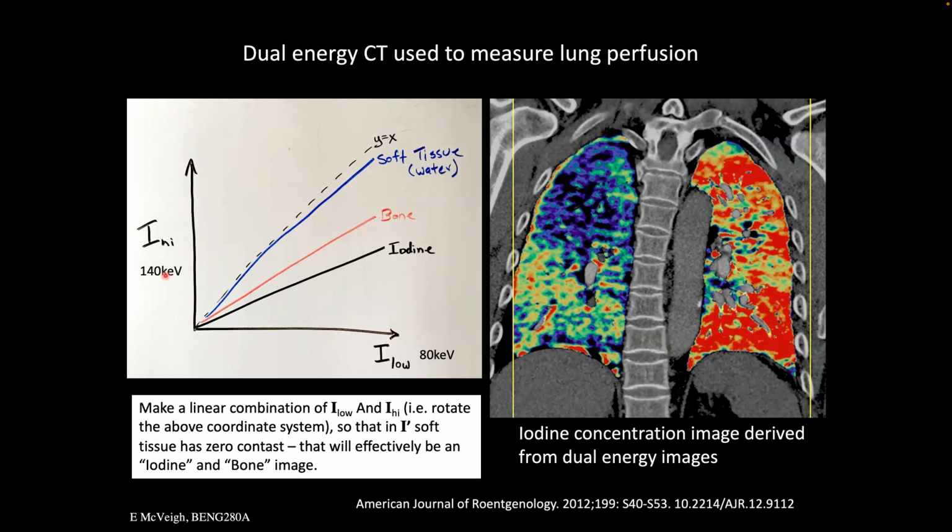Okay, so you take those two pictures, and each tissue will respond differently to the change in energy, like the fractional change in the intensity at that voxel, depending on the material, will be dependent on the mu values of that material at those two different energies, right?